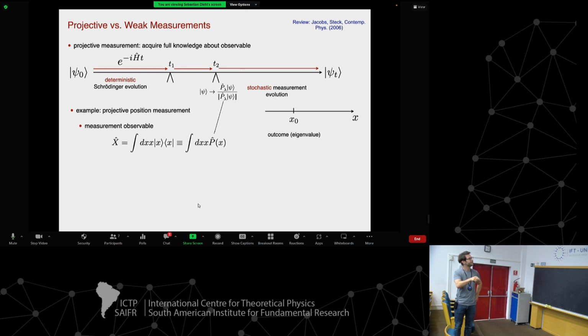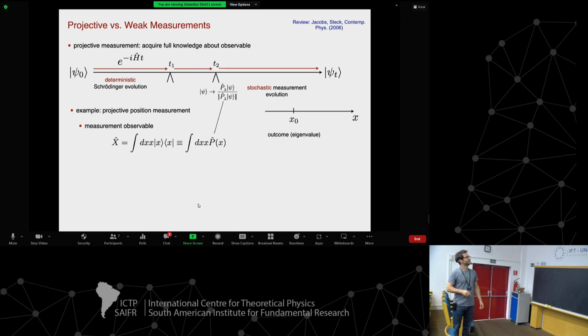Then our measurement observable is the X operator, a Hermitian operator, which I can spectrally decompose. Now, it's not a sum over discrete eigenvalues, but a continuous spectrum of this operator. And here I introduce the notation that I already used previously with this P lambda operator, a projector onto position X, onto one of the eigenstates of this operator X.